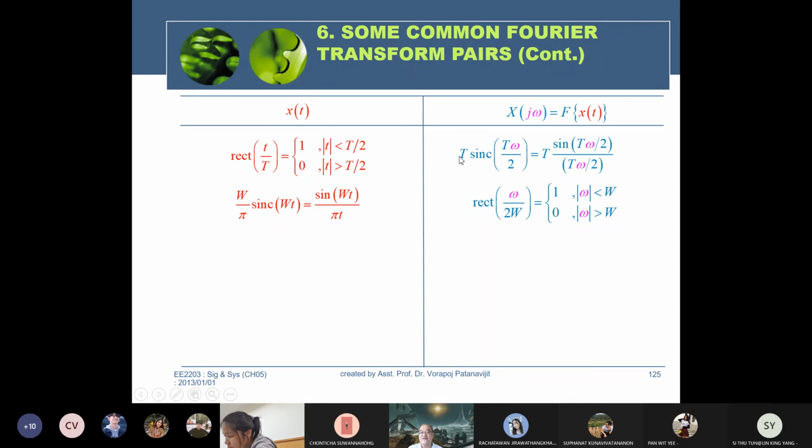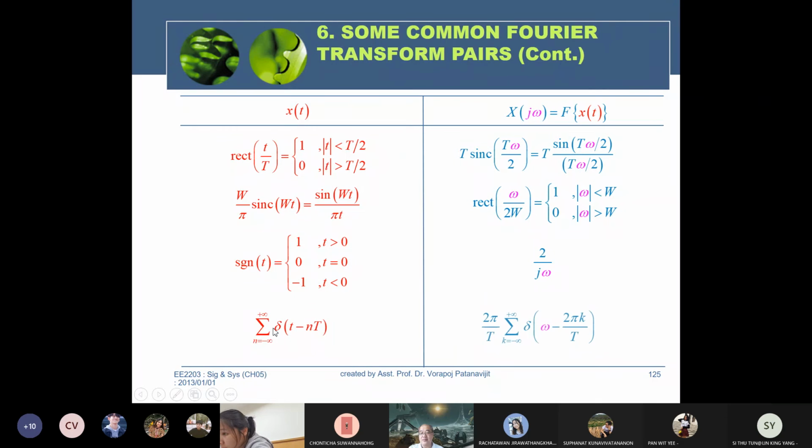You can see that the two formulas can be determined by duality, but they are already provided for easy and fast use. For the sign function, we have 1 for time greater than 0 and minus 1 for time less than 0, which gives you 1 divided by j omega.